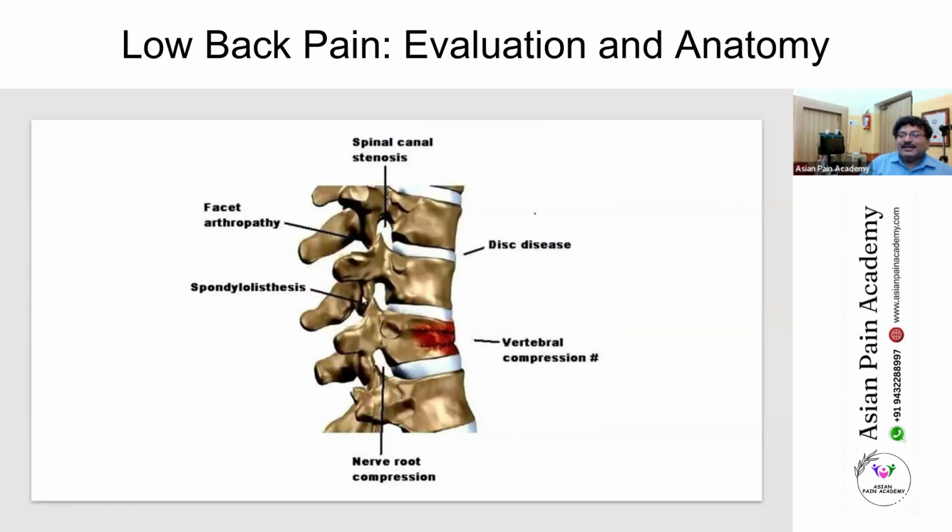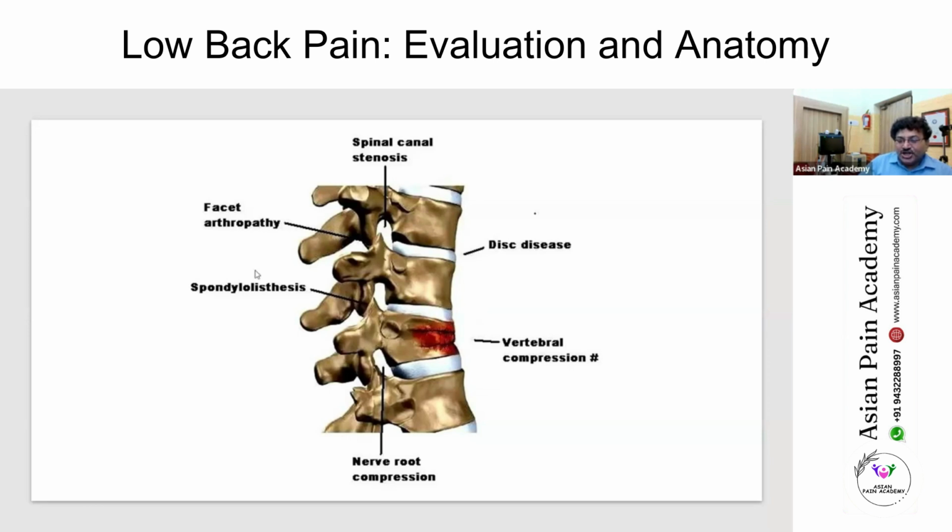There could be increased loading of the facet, leading to facet joint pain, or sometimes there could be a compromise at the root, causing radicular pain. At the early stages, discogenic pain might be there. And it is also graded according to the percentage of how much one vertebra is shifted from the other, mainly the lower one. Up to 25% is said to be grade 1, and similarly up to grade 4 with a complete displacement over one another.